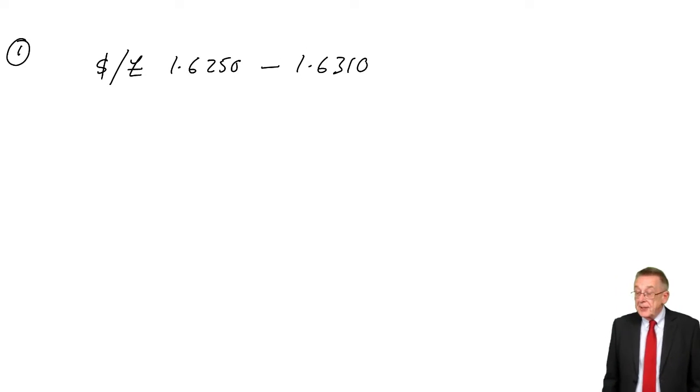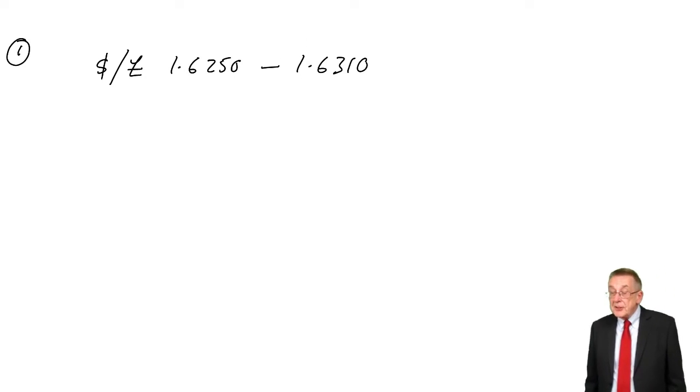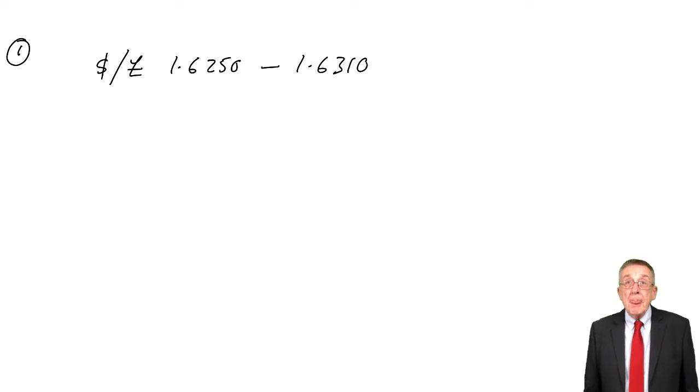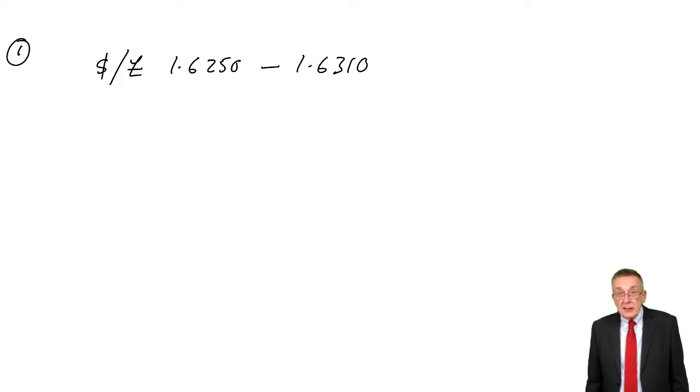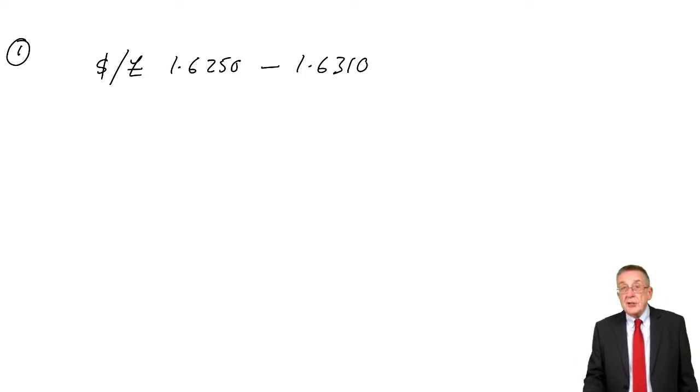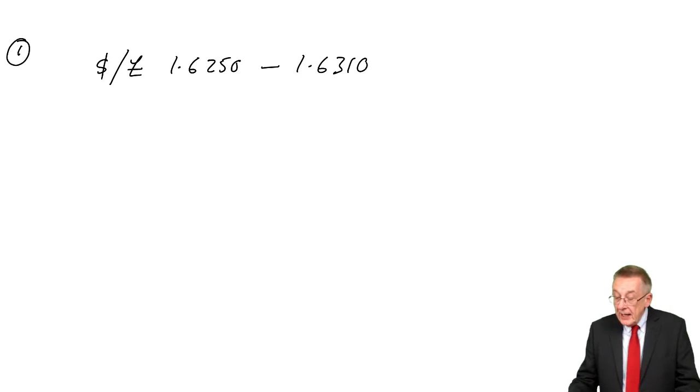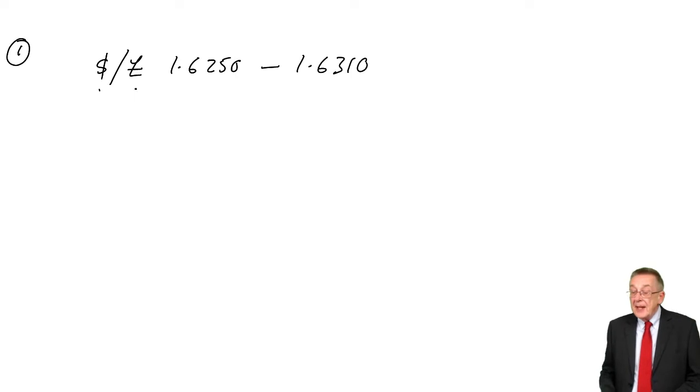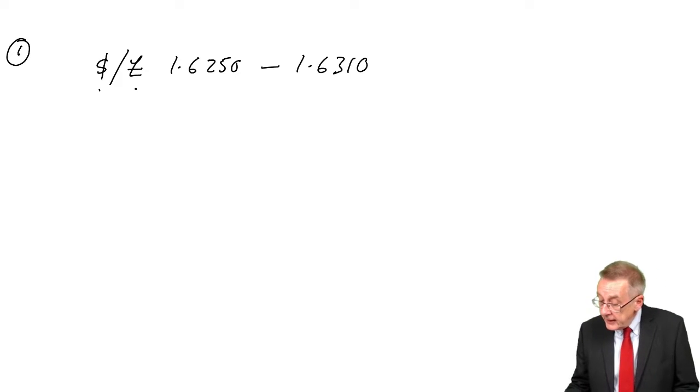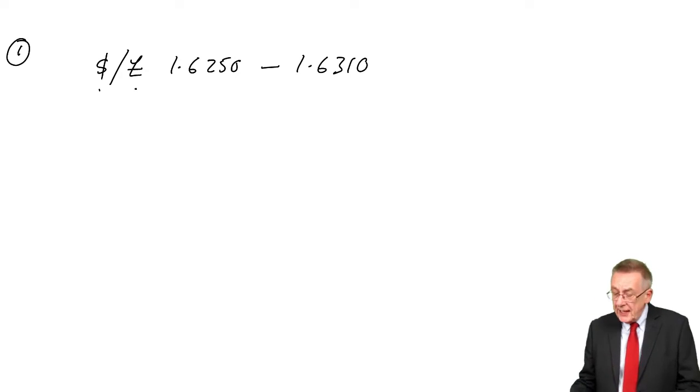Now, 3 things there. First of all, exchange rates in real life and generally in the exam are quoted to 4 decimal places. Secondly, the way exchange rates are quoted in the exam, if it's a $/pound exchange rate, it means that, forgetting all the figures, it's about 1.6.